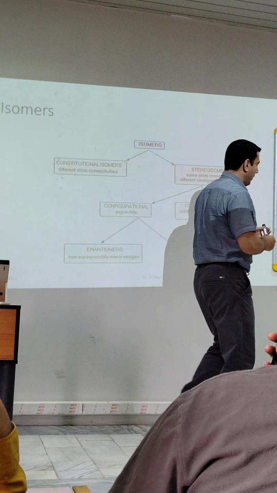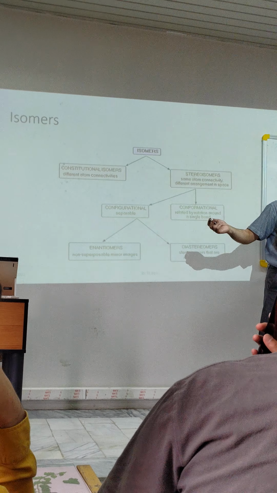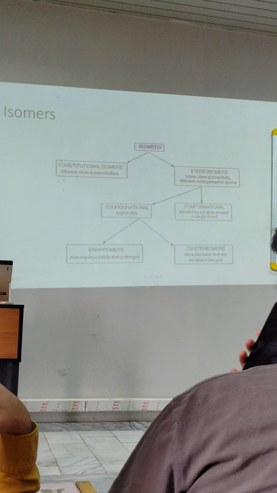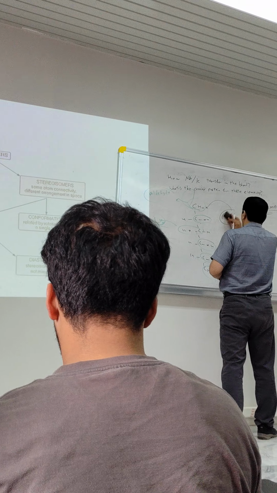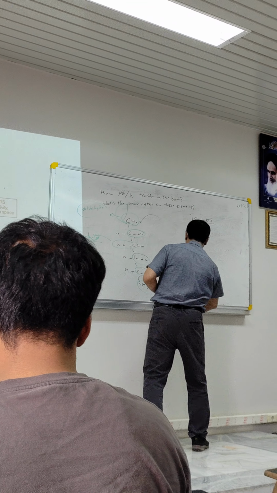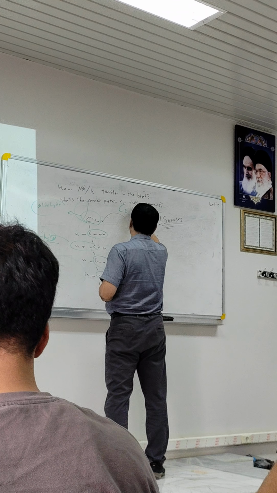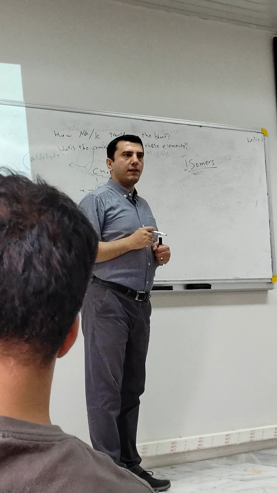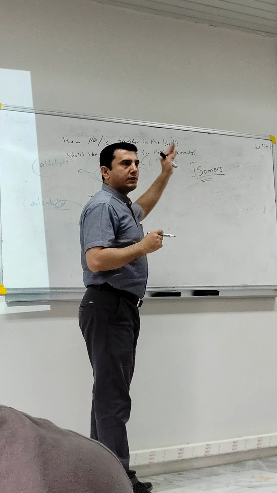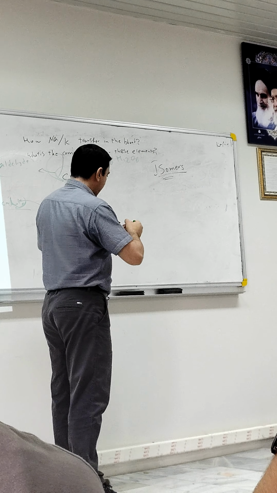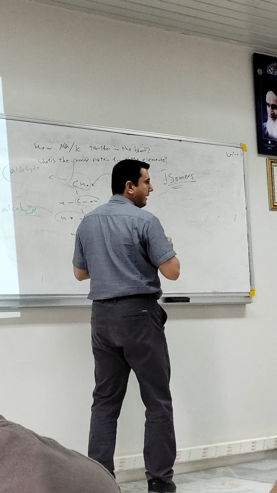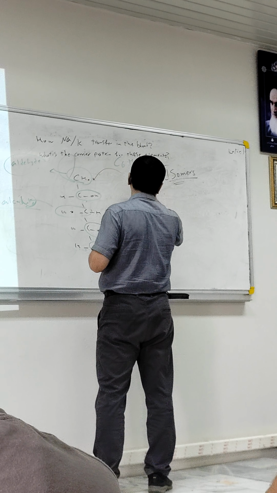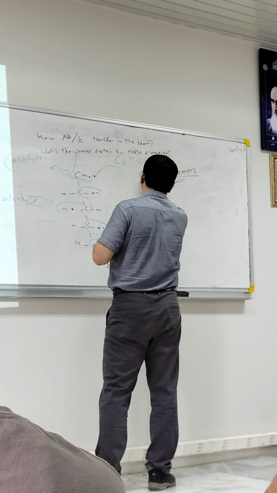We have an example for this type of isomers. As I said, C6H12O6 is a formula for glucose and fructose. But if you look at the structural formula of fructose, you can see such a molecule.